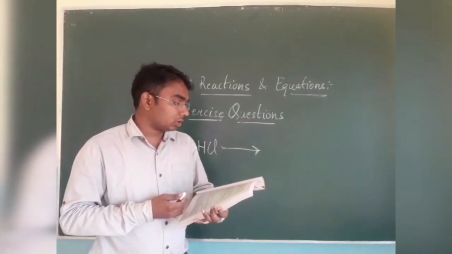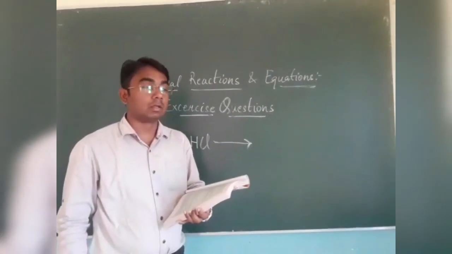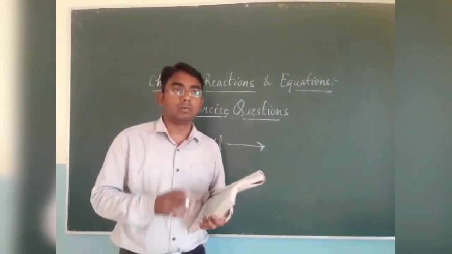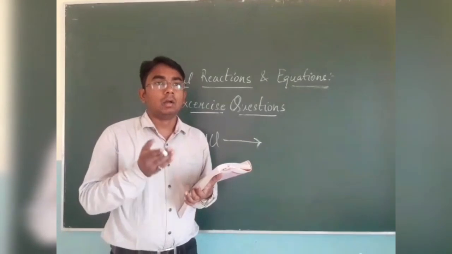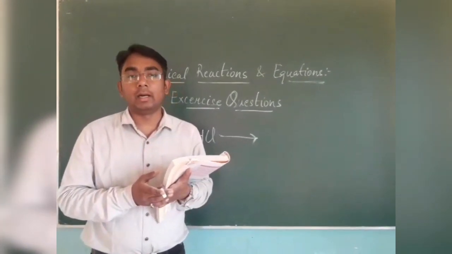Now coming to the fourth question: what is a balanced chemical equation and why should a chemical equation be balanced? We have already discussed that there are certain equations which violate the basic law of conservation of mass. We all know that mass can neither be created nor destroyed.